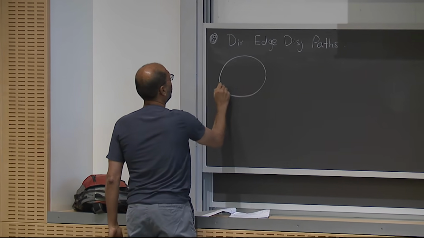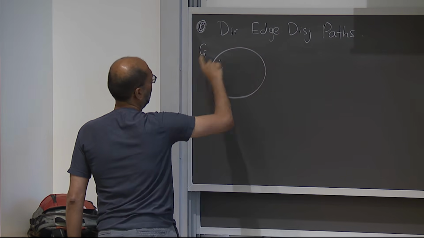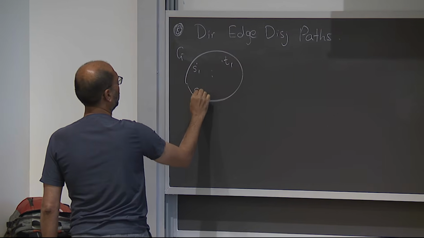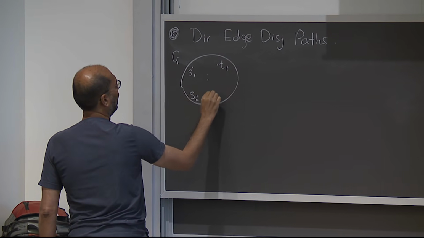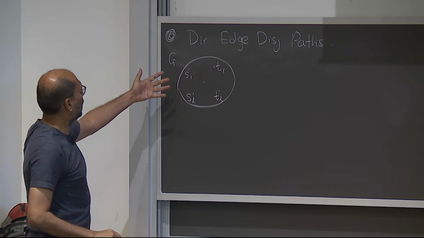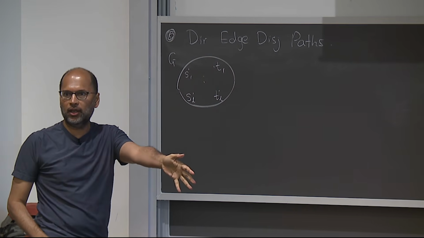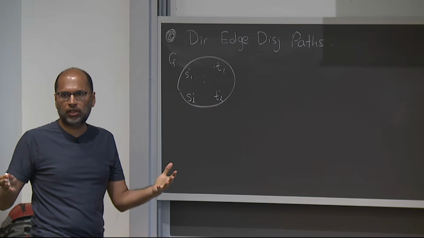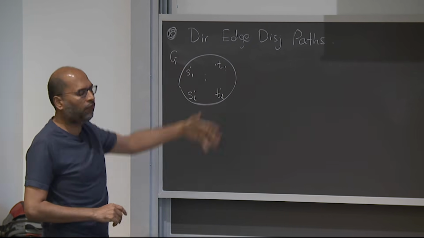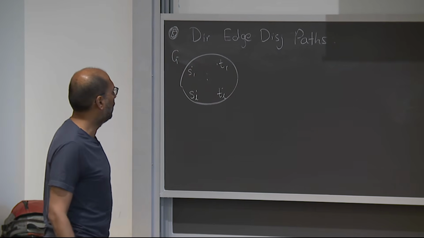You are given a directed graph and source-sink pairs, S1, T1, S2, T2, up to S sub L, T sub L. And the question is to find directed paths from the Si's to the corresponding Ti's, which are all pairwise disjoint in terms of edges. Okay, and it's an optimization problem. So find as many such paths between pairs as possible.